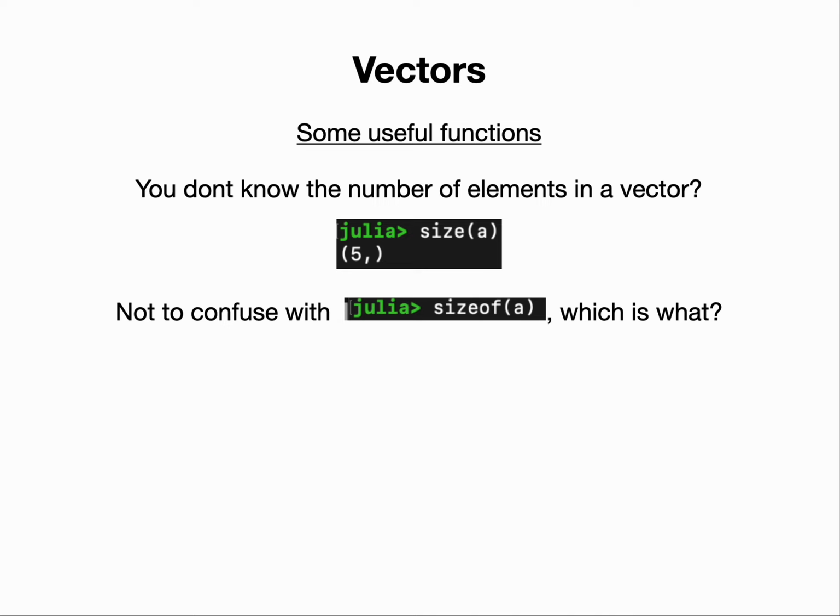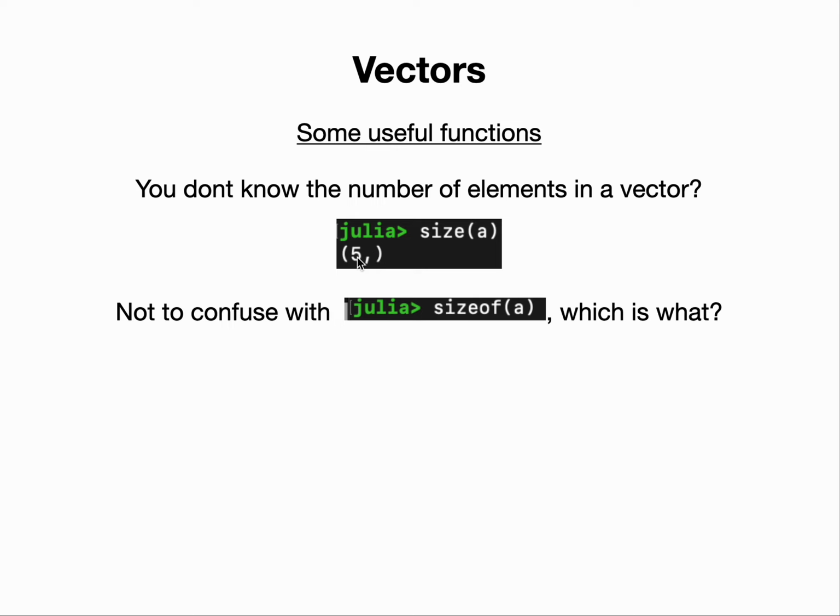So sometimes you may wonder what is the size of your vector. And by size here, I mean size in terms of number of elements. I'm not talking about the size in bytes. So if you want to know the number of elements of a vector, you can simply use a function called size. So size brackets A will return the size of your vector.